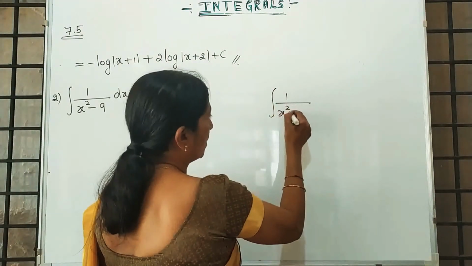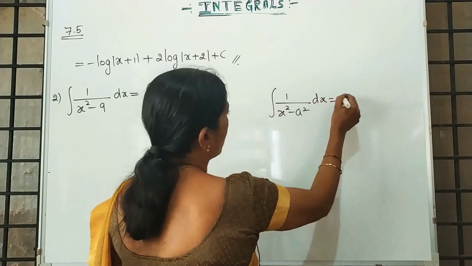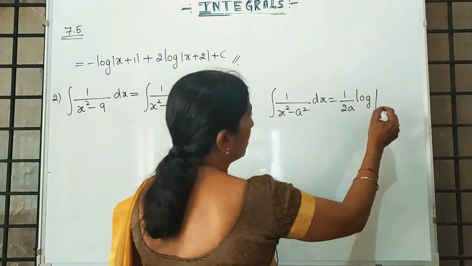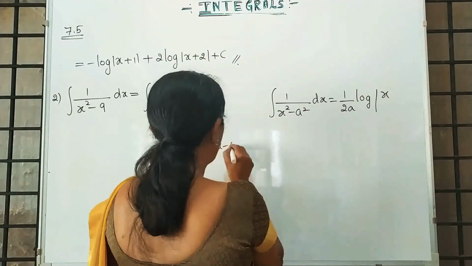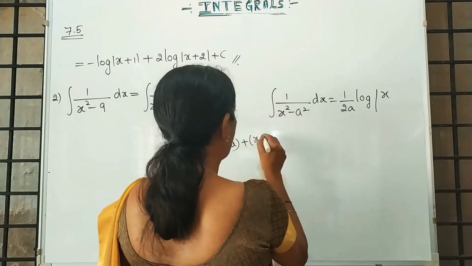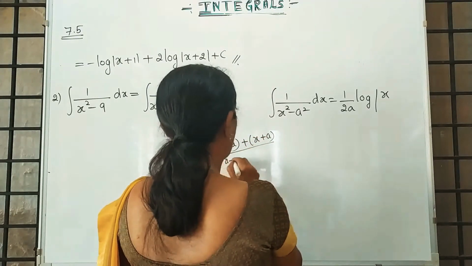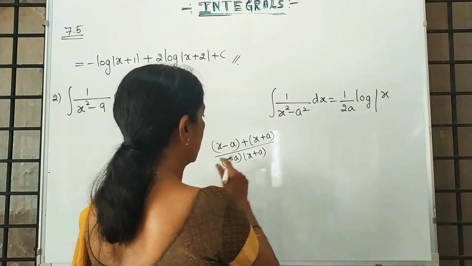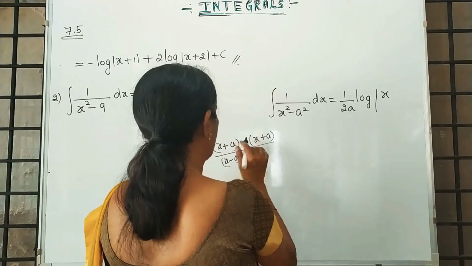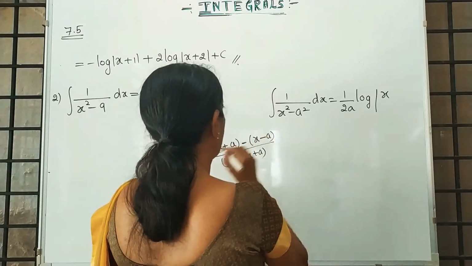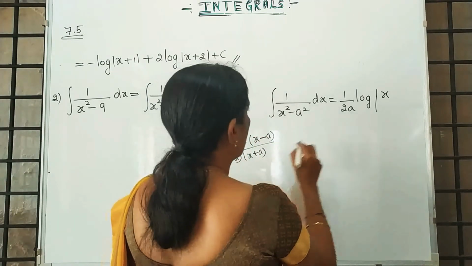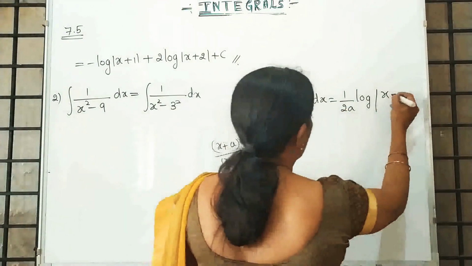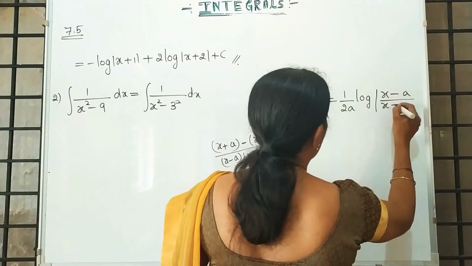The integral of 1 upon (x square minus a square) into dx is 1 by 2a log of (x minus a) upon (x plus a).